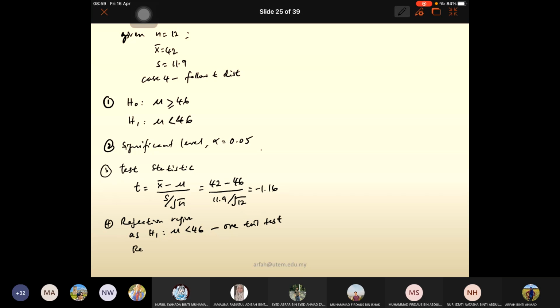So reject H null if T less than negative T alpha. Okay. So kalau awak tengok dekat T distribution, semua value dia adalah positif kan. Kalau untuk case ni, kita akan letak negative sign. Okay, sebab kita nak tengok dia punya critical region.